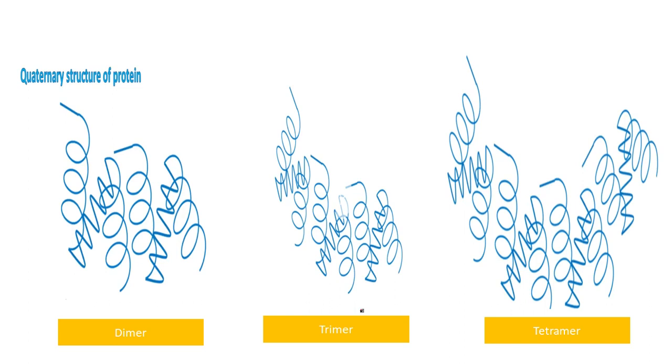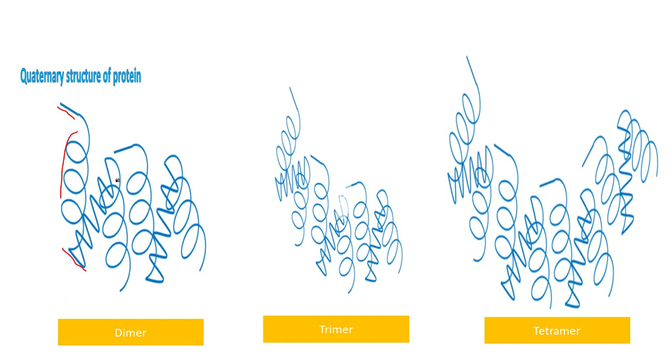Then the quaternary structure of proteins is more complex, forming dimers, trimers, and tetramers. Dimers mean there are two structures arranged in 3D space. You can see how complex it is, comprising the primary structure, the alpha helix type of structure, and the beta sheet structures. All of these are what we have discussed, the tertiary structures.